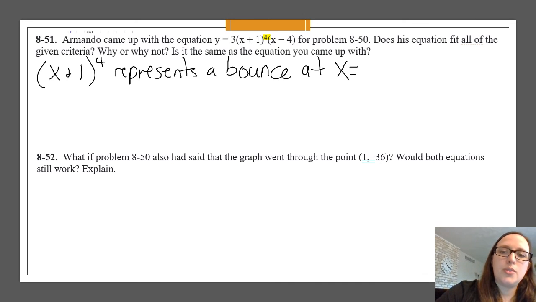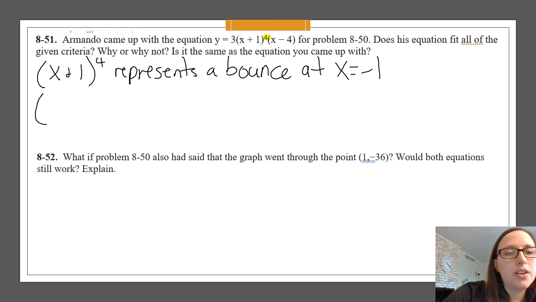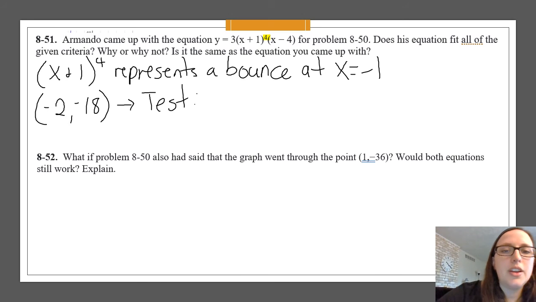at x equals -1. If we plug in the point that we were given, -2, -18, we're going to test that in his equation and see if it works.